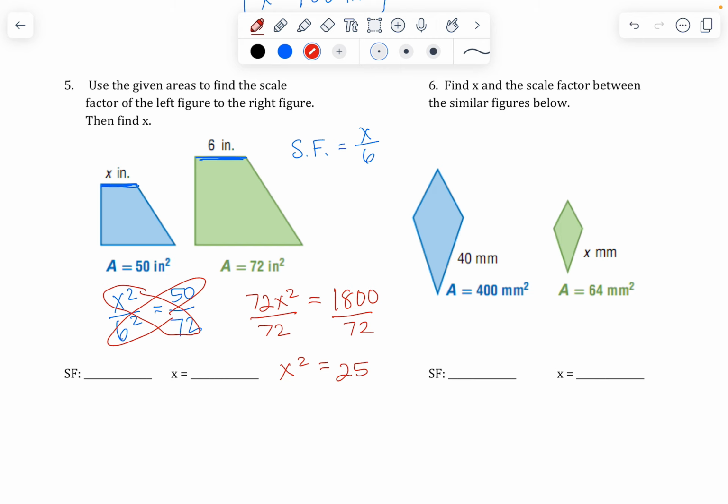And then we don't want x squared, we want just x. So we have to square root to finish this off. Now, technically we get plus or minus 5, but since it's a length, we're just going to use the positive 5. So to fill in our answers, our scale factor is 5 to 6, and x was 5.